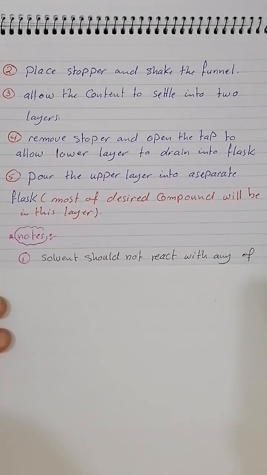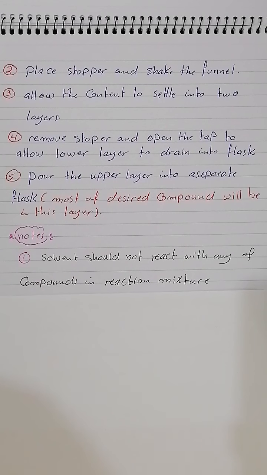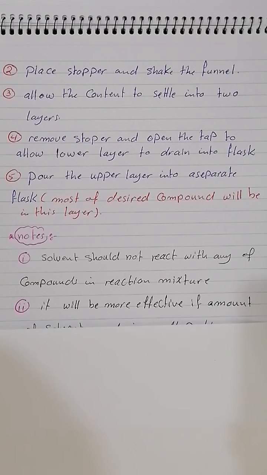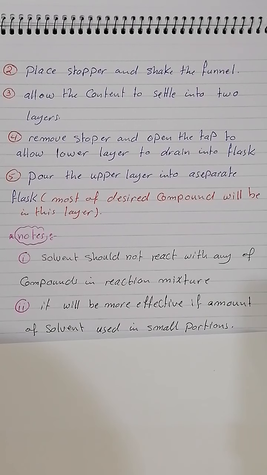Some notes about these things. One, the solvent should not react with any of the compounds in the reaction mixture, to make sure its properties will not change. Two, it will be more effective if the solvent is used in small portions.